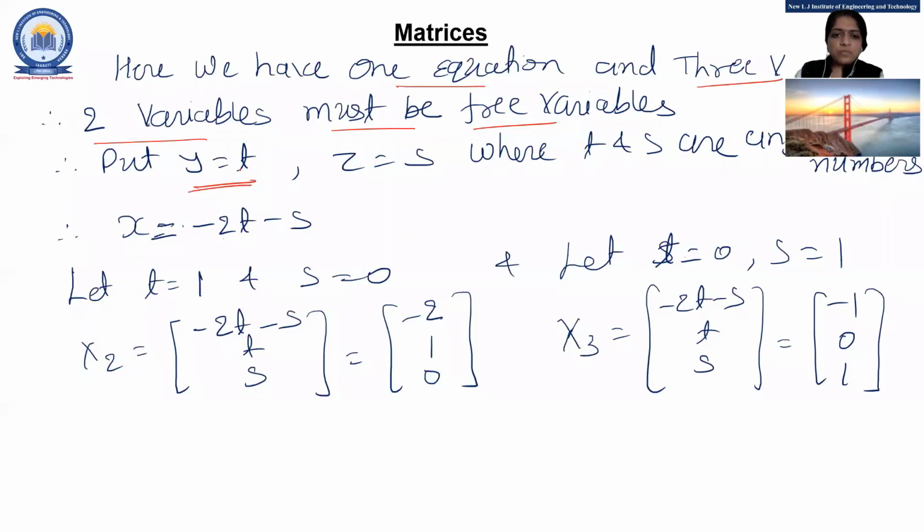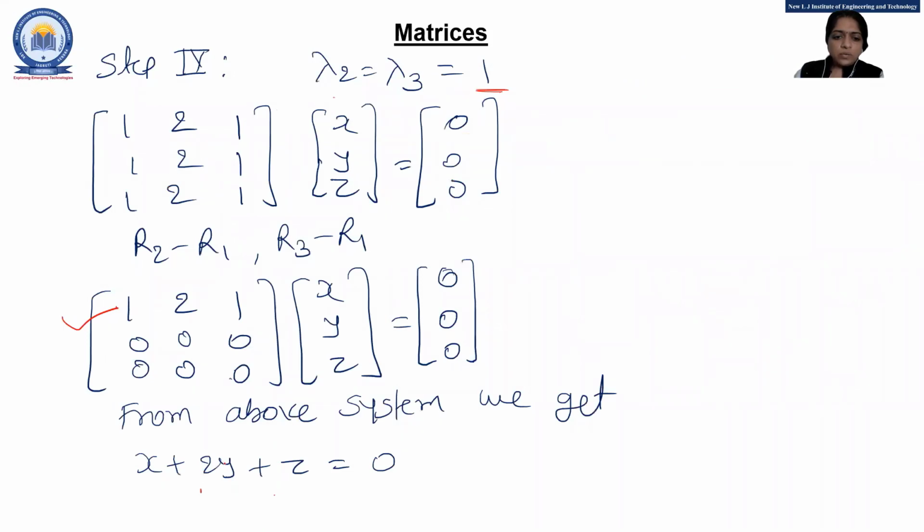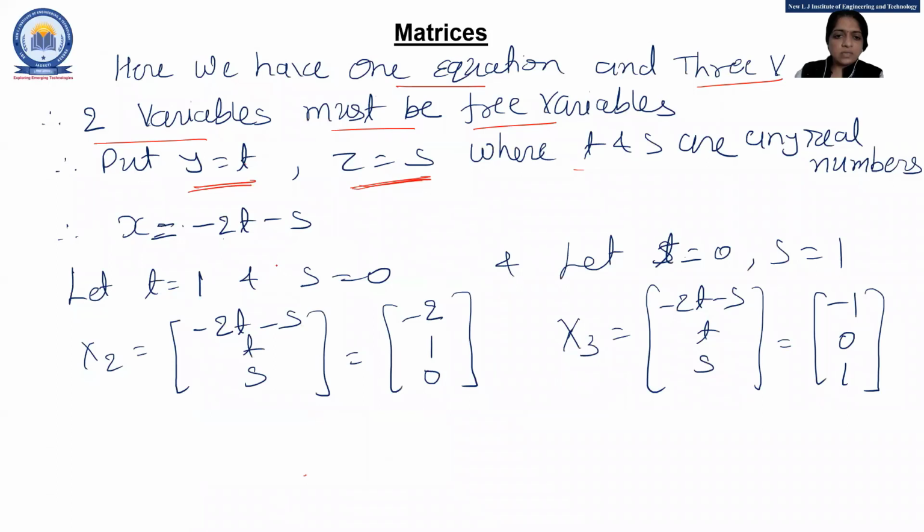So I suppose that y is equal to t and z is equal to s, where t and s are any real numbers. So by substituting y equal to t and z equal to s, x is equal to minus 2t minus s, right? Now if I take t equal to 1 and s equal to 0, this is my second eigenvector.